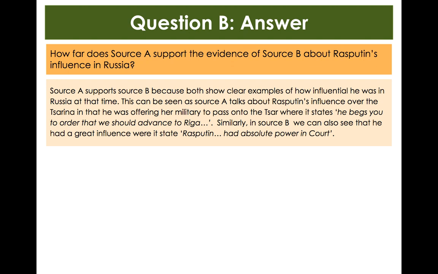We can see that in source A because it talks about Rasputin's influence over the Tsarina, in that he was offering her military advice to pass on to the Tsar when he states he begs you to order that we should advance to Riga. So that's him offering his advice. He's having an influence.